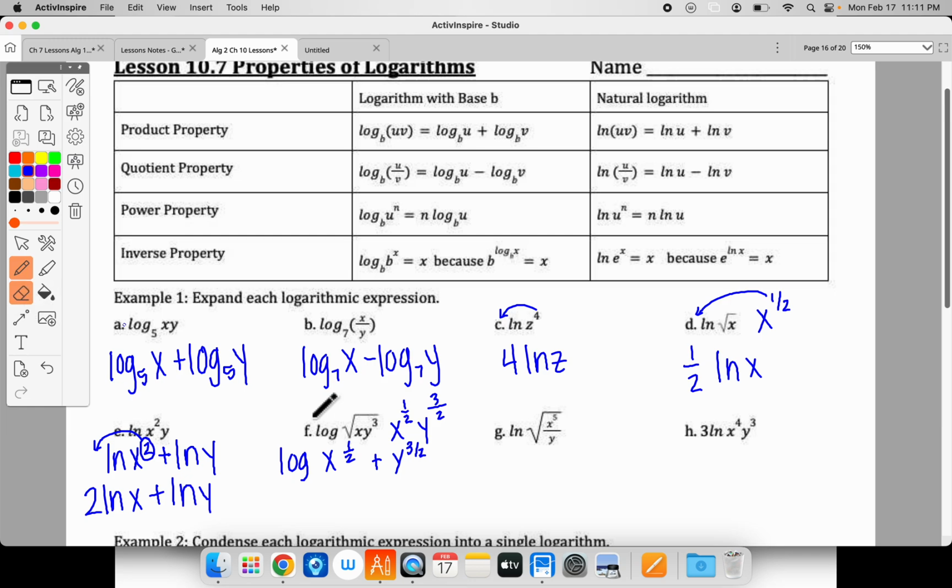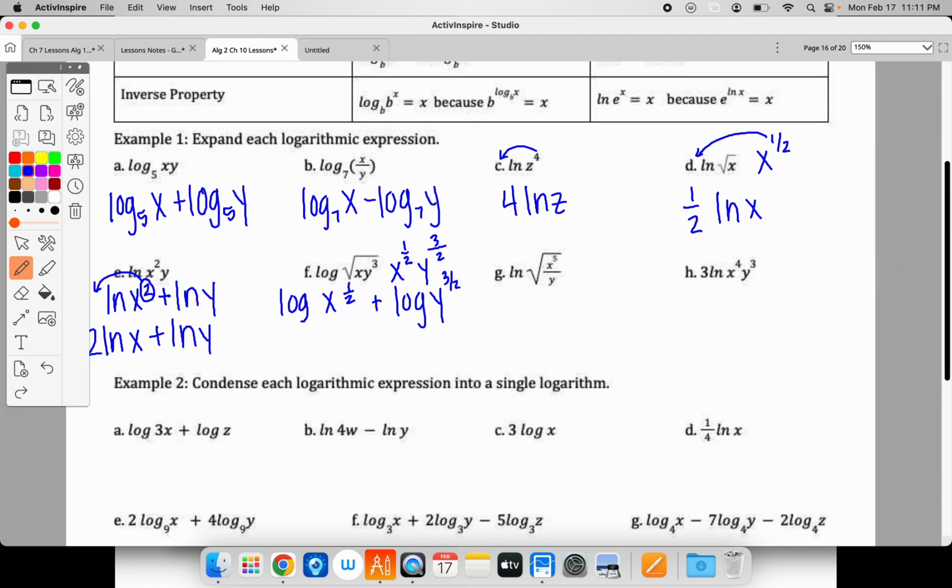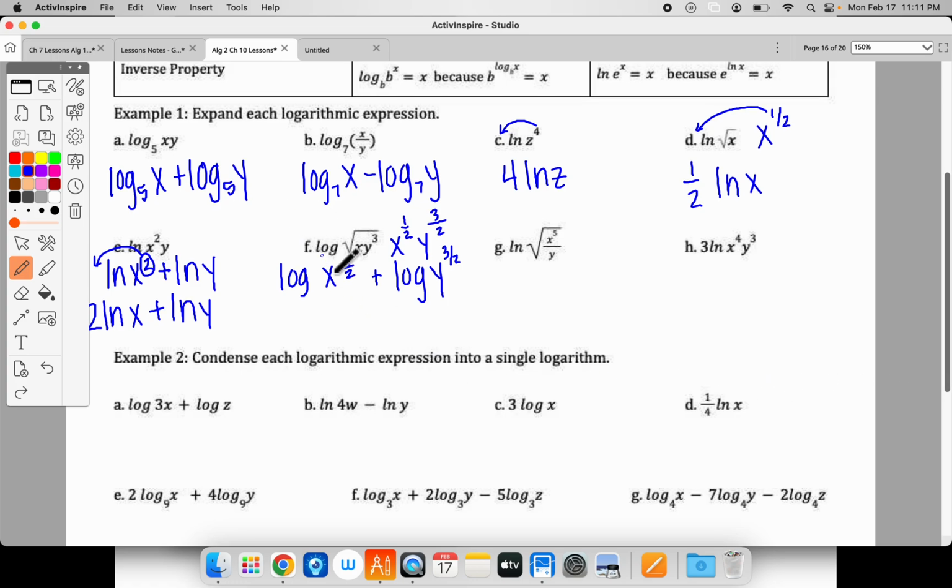Oh, forgot the log. And it's just, again, different ways to solve it to help you with different problems. Sometimes it's easier to have it condensed into one log. Sometimes it's easier to have them separated. So it really just depends on the problem. And we'll see that as we start solving them.